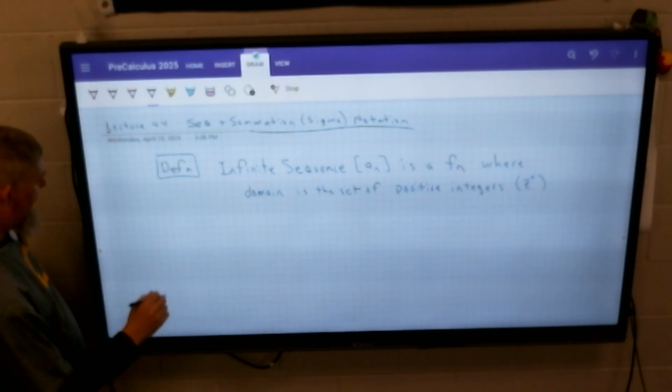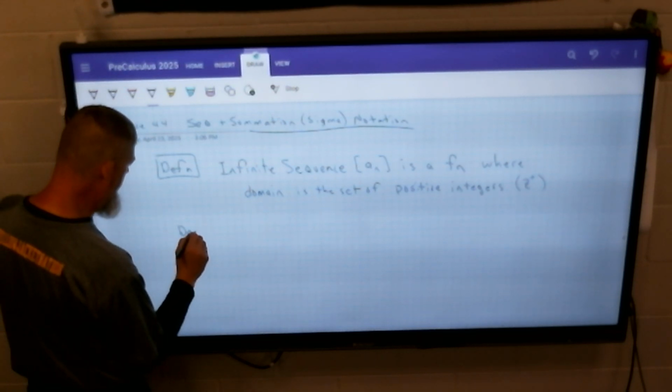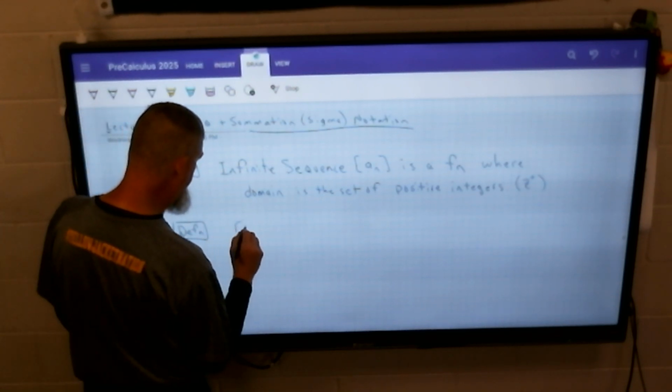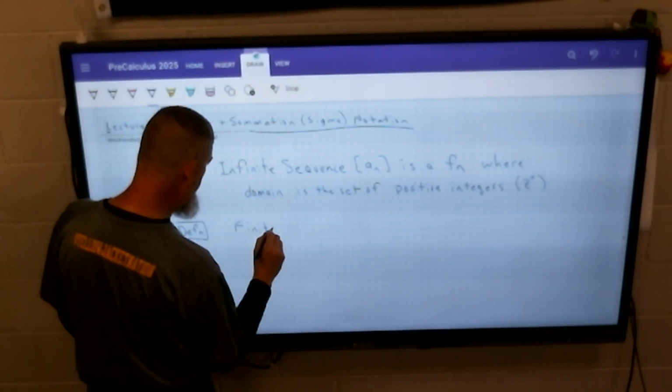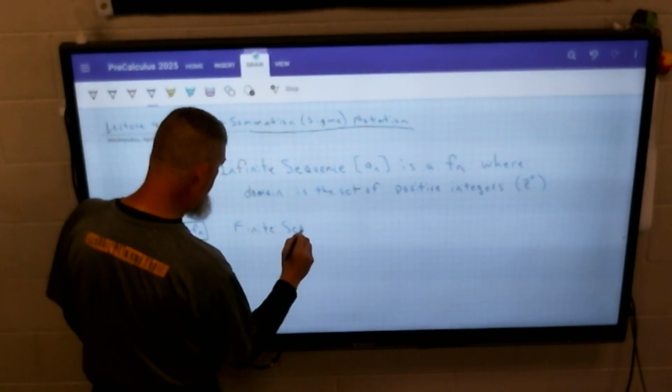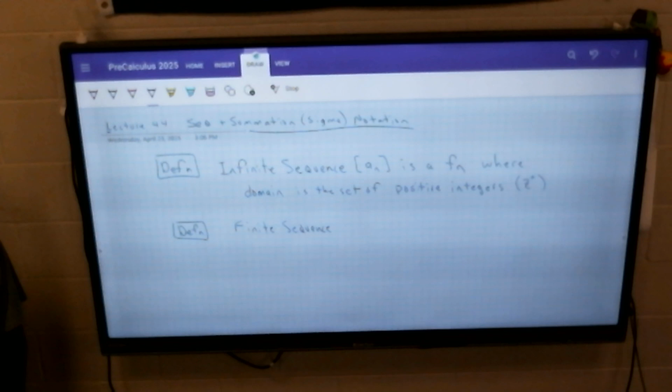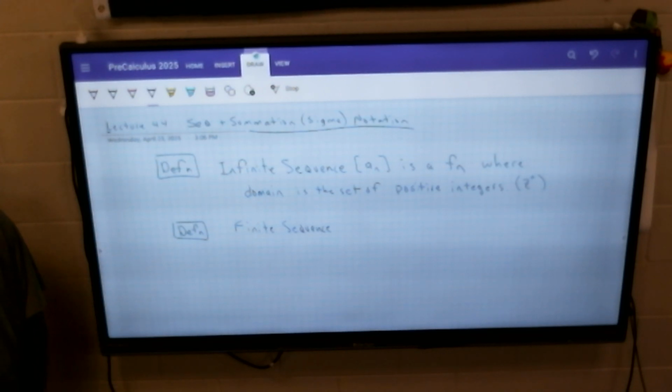All right, so then the second definition, finite sequence is what? Not going on forever. It's not going further.